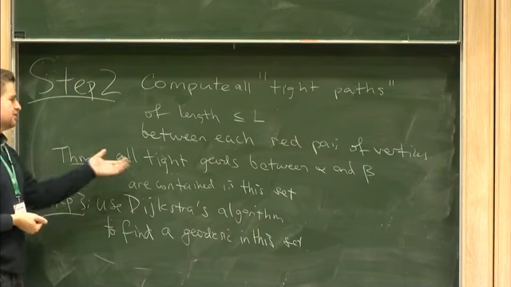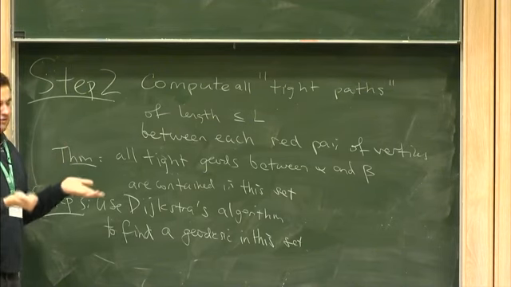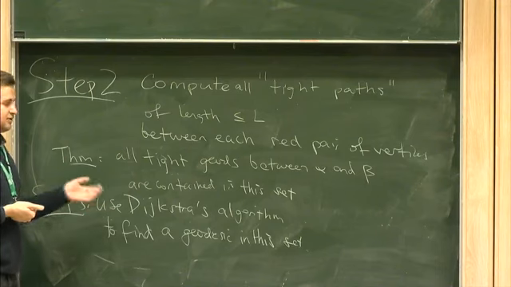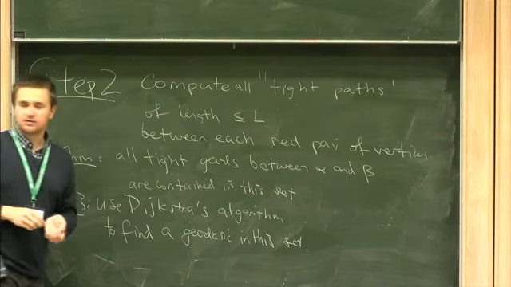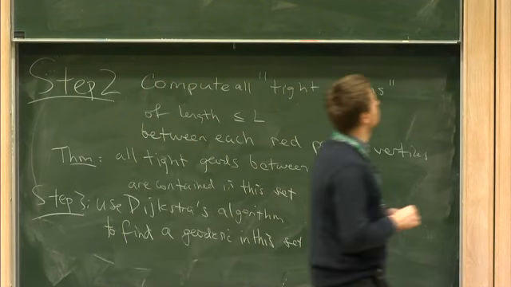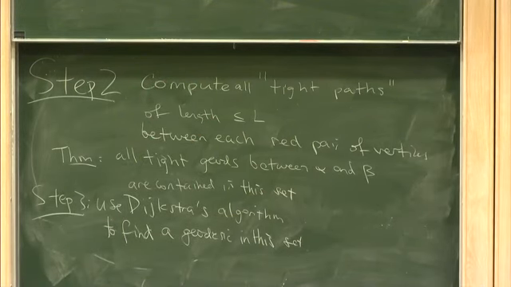Since there is a tight geodesic in that set, there is a geodesic in that set, and we can find it using Dijkstra's algorithm. So that's essentially the overview of how this algorithm works.